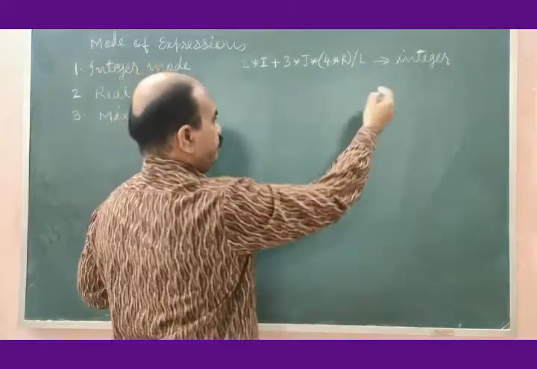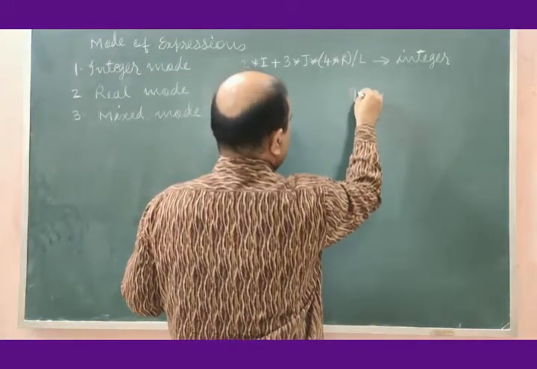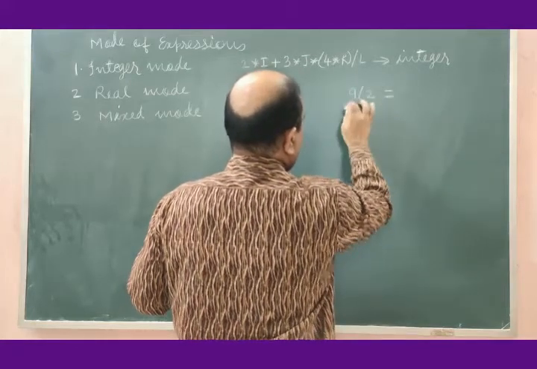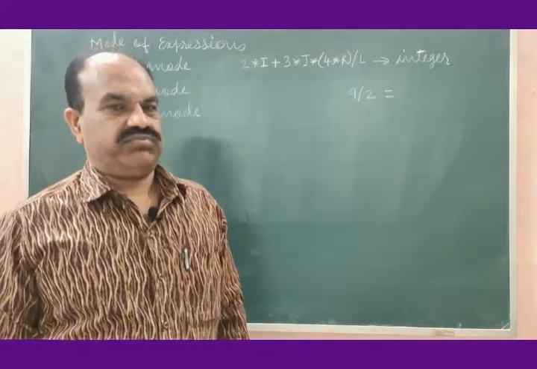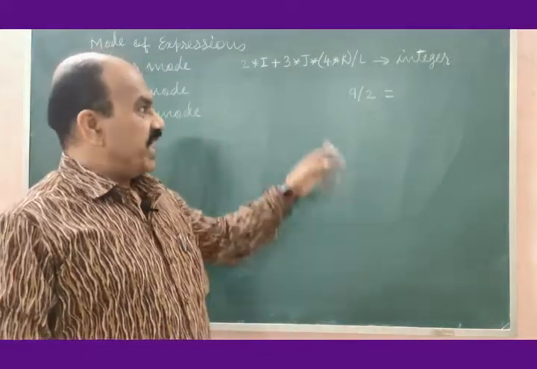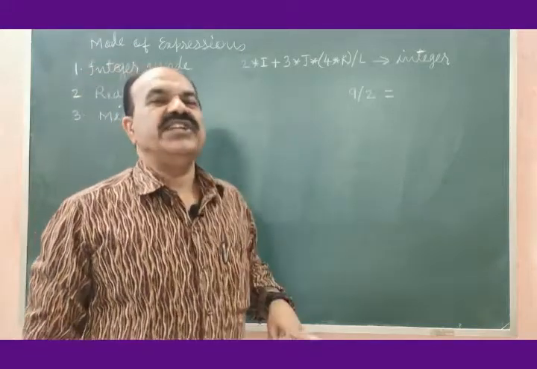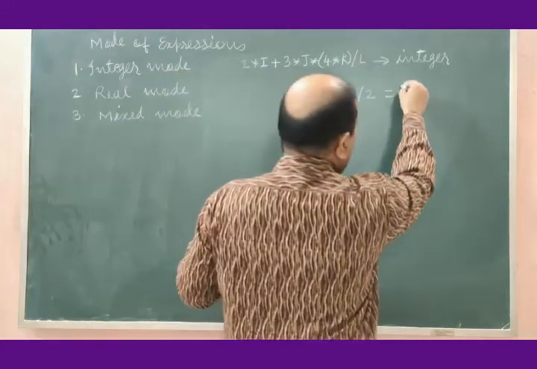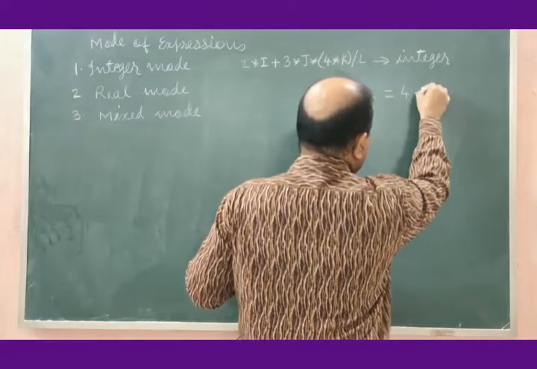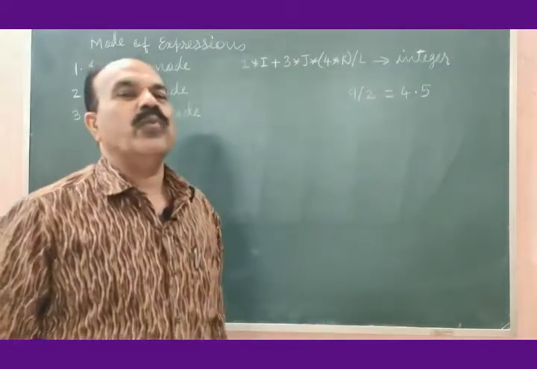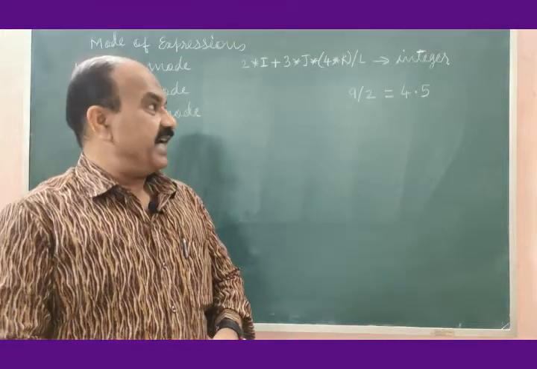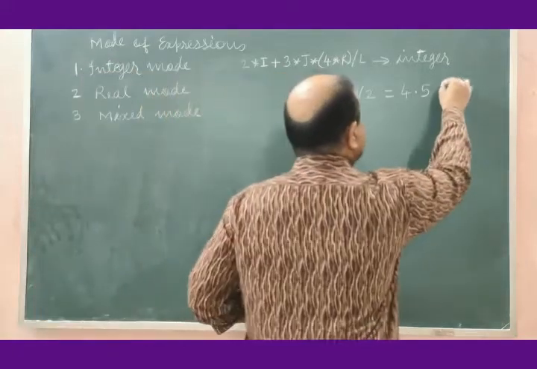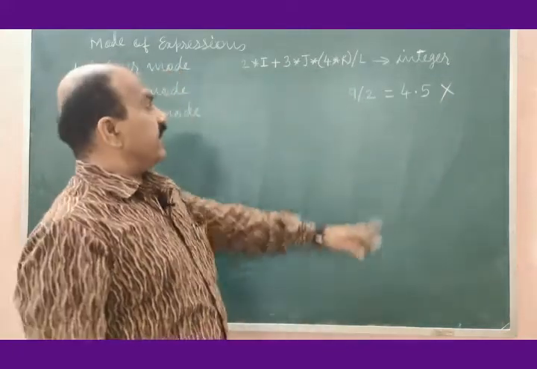For example, nine divided by 2. 9 is integer, 2 is integer. What is 9 by 2? You will immediately write 4.5. This is wrong. Why?